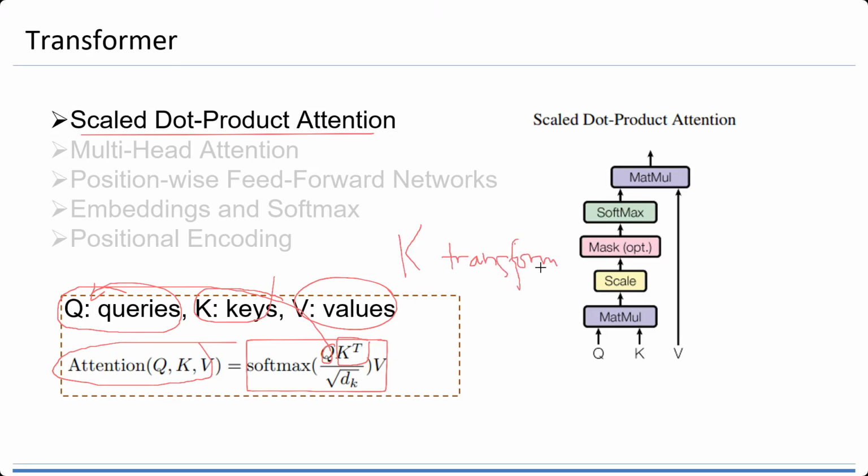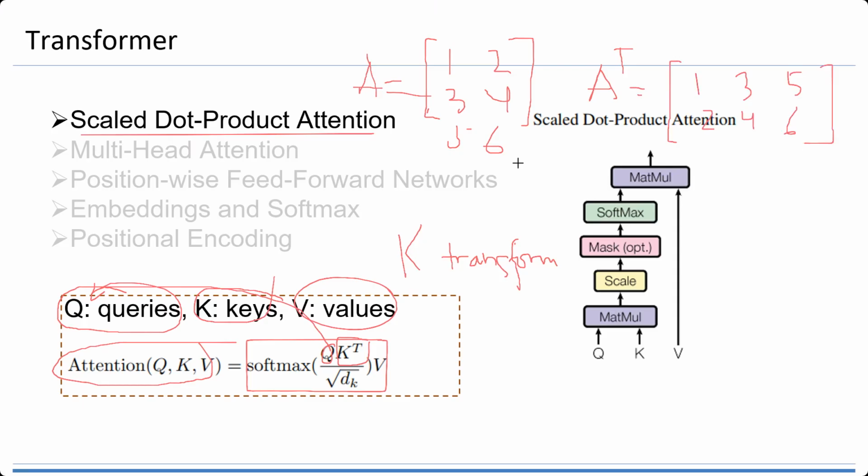Do you know the matrix transpose? If we have a matrix A like this, 1, 2, 3, 4, 5, 6, what is the transpose? We get 1, 3, 5 and then 2, 4, 6. So this is the transpose of the matrix.